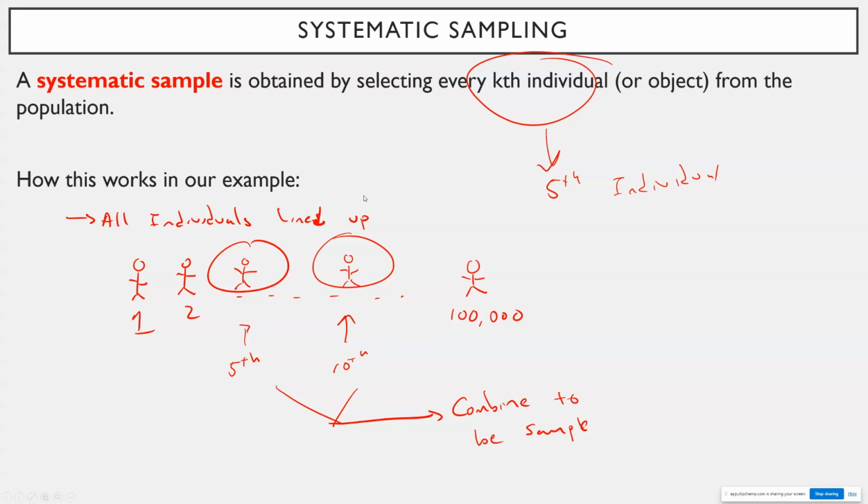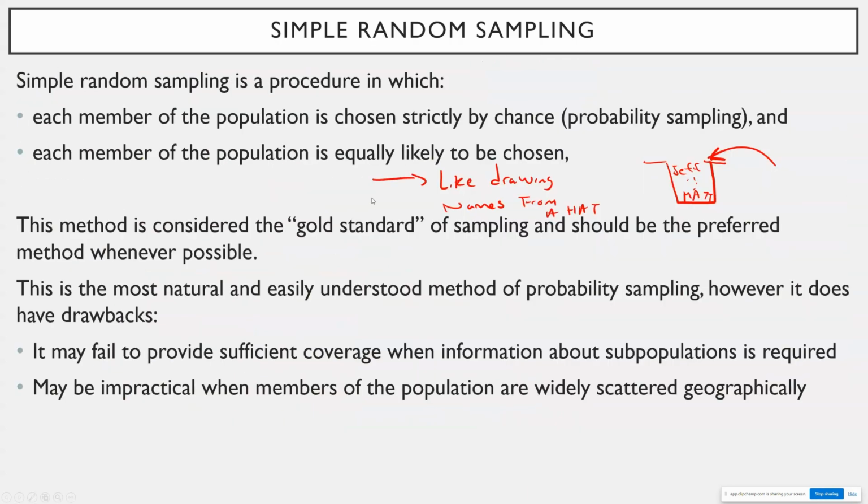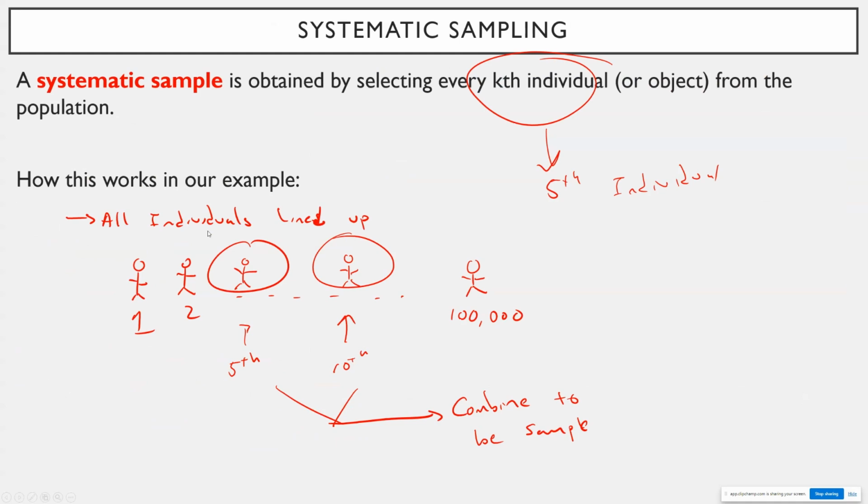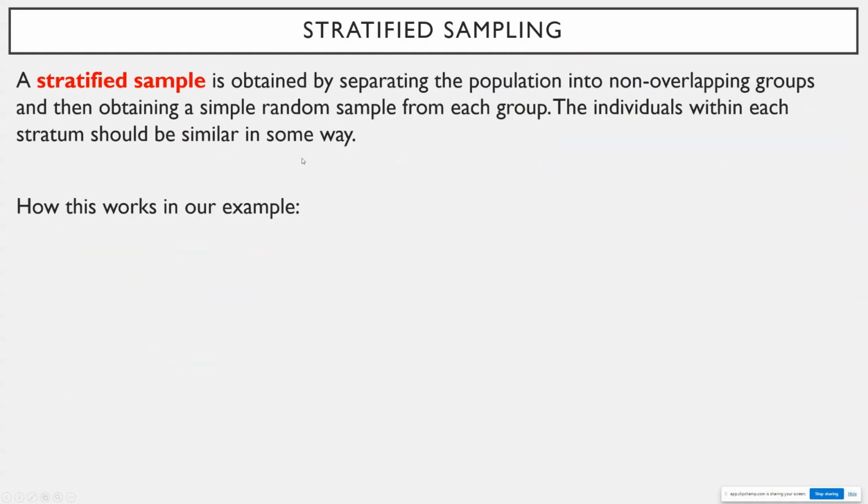Next we have stratified, cluster, and convenience. Let's take the stratified sample. A stratified sample is obtained by separating the population into non-overlapping groups and then obtaining a simple random sample from within each group. The individuals within each stratum, and by stratum I mean group, should be similar in some way.